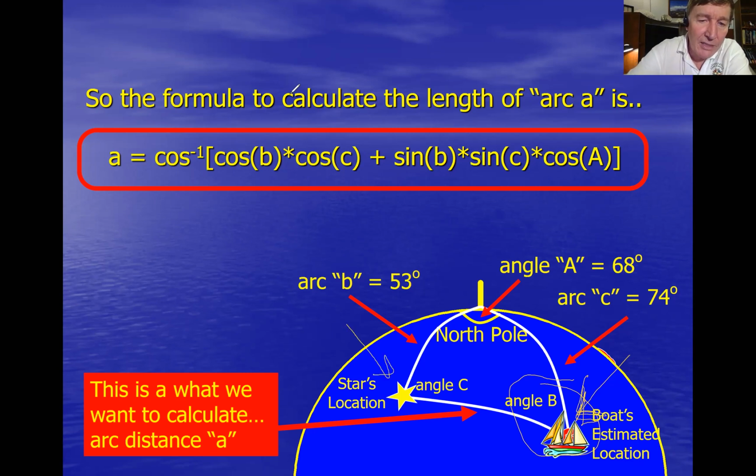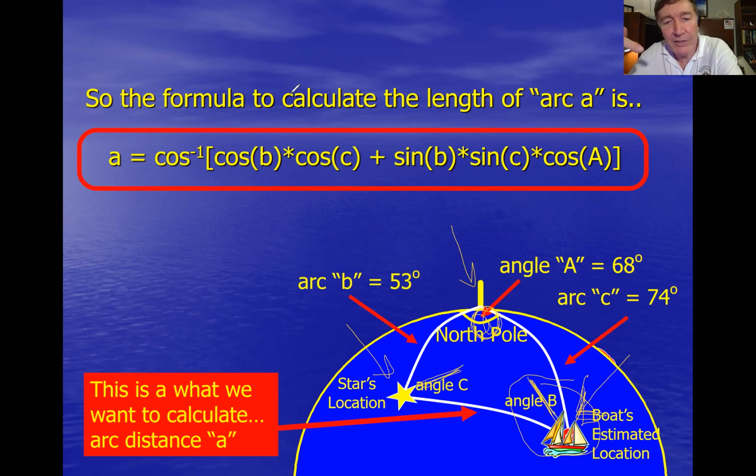Vertex C is where the celestial object is located, and I did that on purpose because celestial starts with C. The one that's left is A, which is the North Pole. So here's angle A right here, this is angle B, and this is angle C.